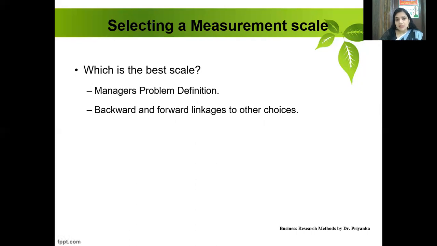Backward and forward linkages we studied at the time of the research process. We studied what kind of backward and forward linkages the whole process has, right? So on that basis also we will decide which kind of scale we are going to use to measure one particular attitude.